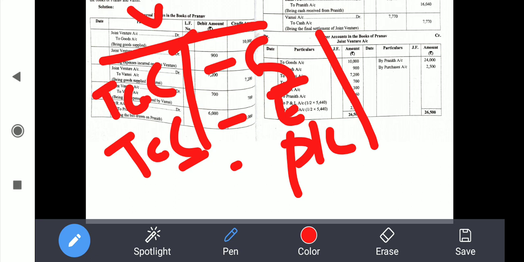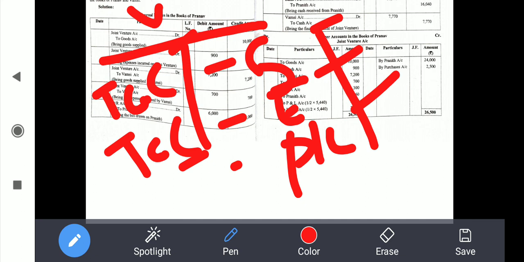Just five transactions you have to record in Vamshi account: three for the credit side and two for the debit side. Credit side items are, first, the supply of goods, how much worth of goods supplied by Vamshi, and Vamshi expenditure.